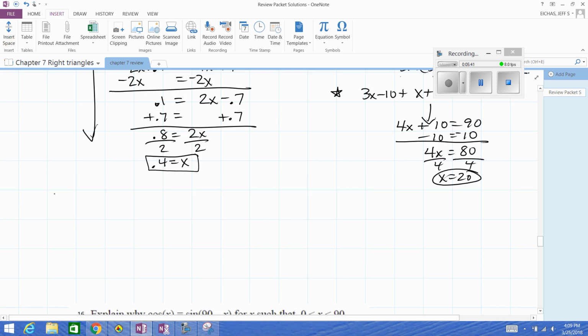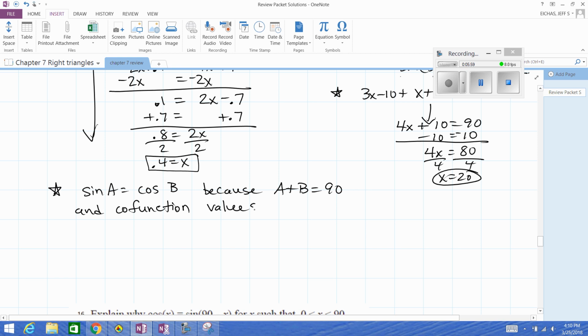So our explanation is sine A equals cos B because A plus B equals 90, and cofunction values, we'll just state the theorem here, are equal when their angles add to 90.